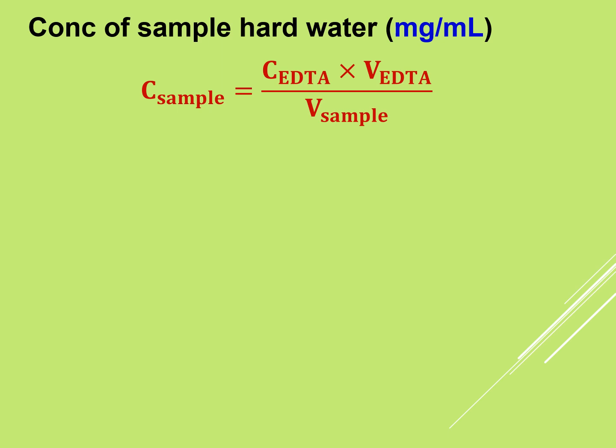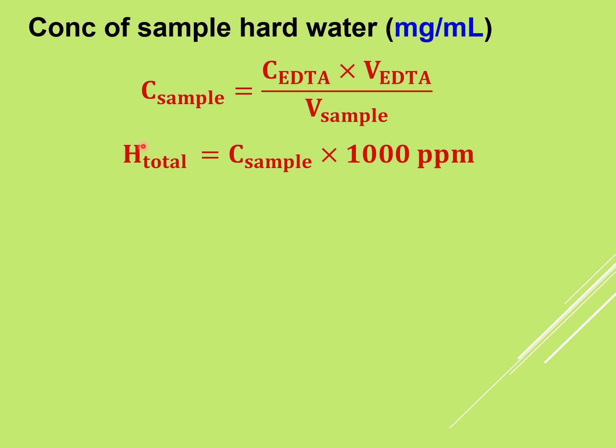Once we get C sample, we can find out the total hardness. Total hardness will be C sample into 1000. Unit is ppm.